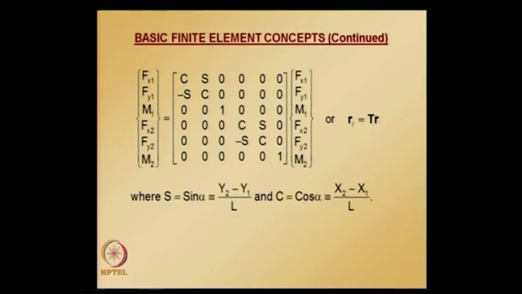And here C and S, where C is cosine alpha, and alpha is the angle between the local x axis and global x axis measured in the counterclockwise direction. Once we know the global xy coordinates of the nodes, we can find cosine alpha and sine alpha using the formulas there.